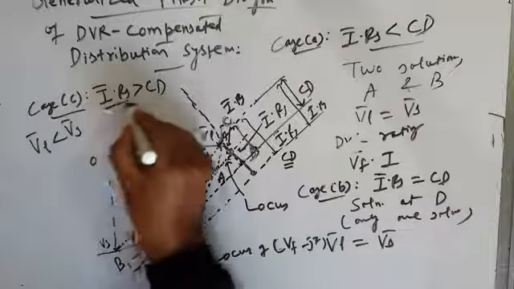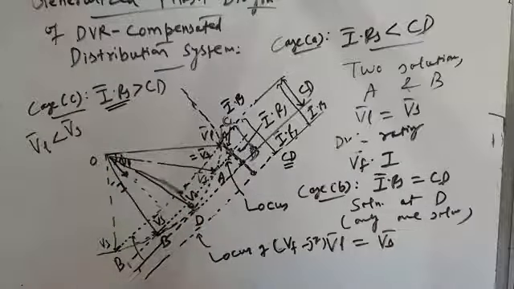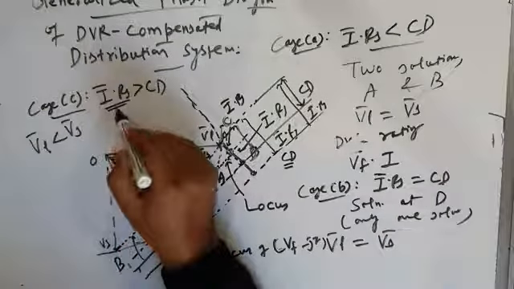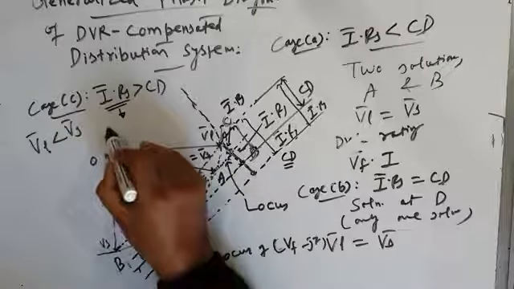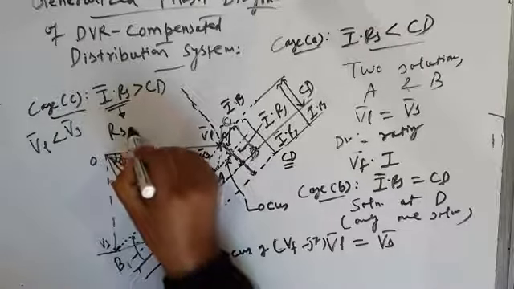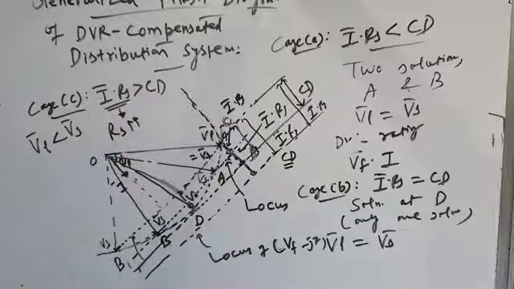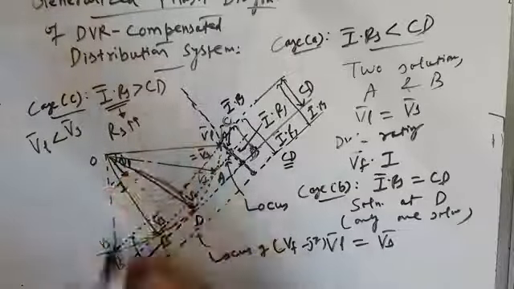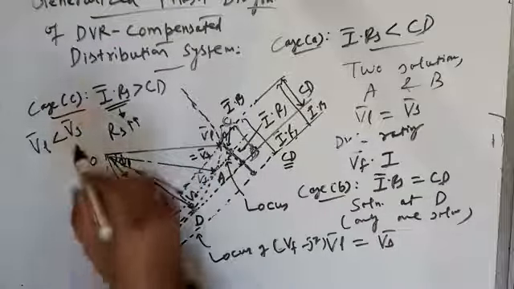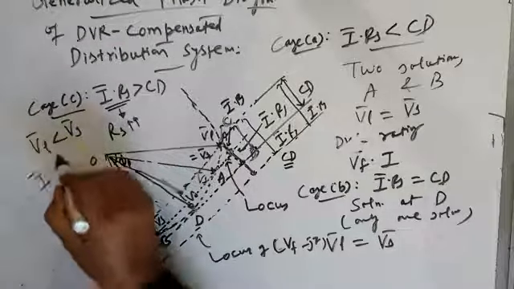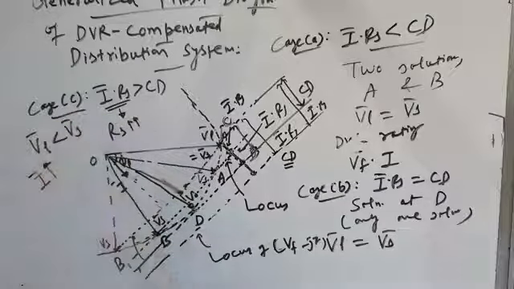So this is because the resistive voltage drop of the feeder is very high, and there may be two reasons for a large resistive voltage drop across the feeder. One is that the feeder resistance is very high. The feeder is not properly designed, it is a thin conductor and its resistance is high, which gives a large I into RS. The second reason could be that the load is very high, the load current is high.